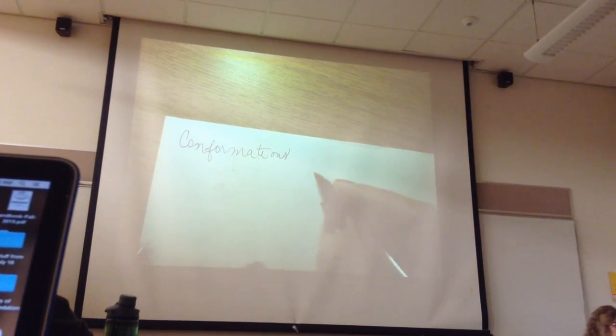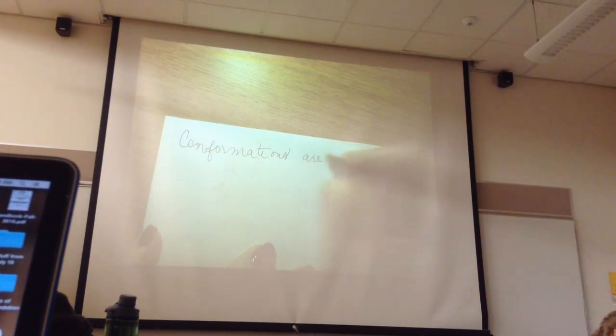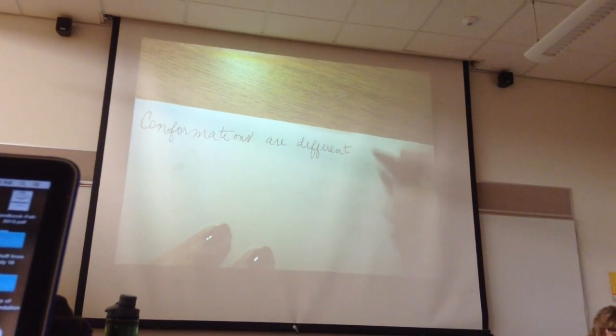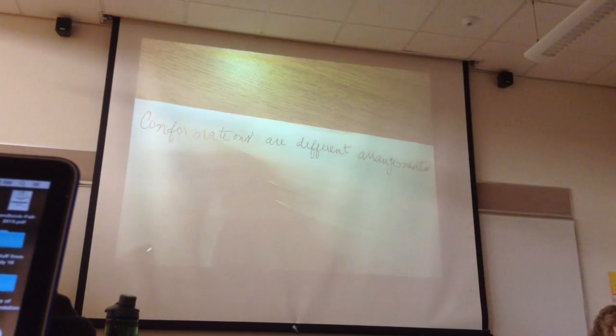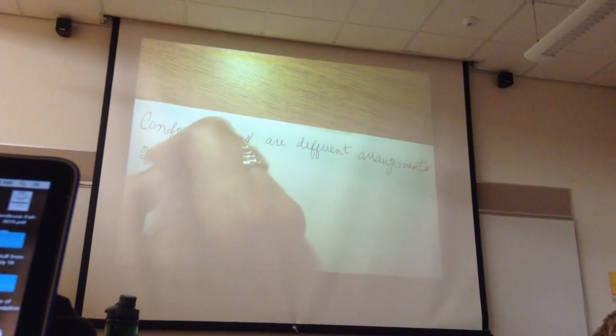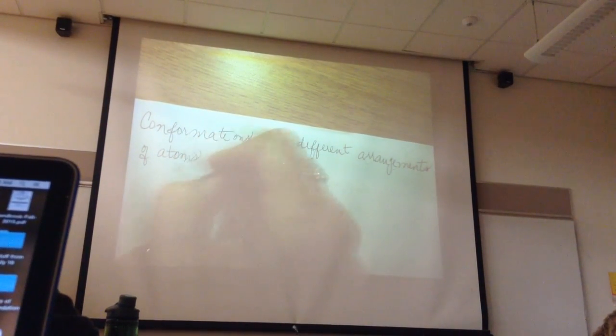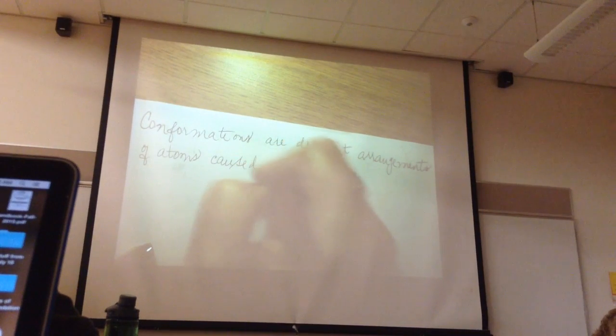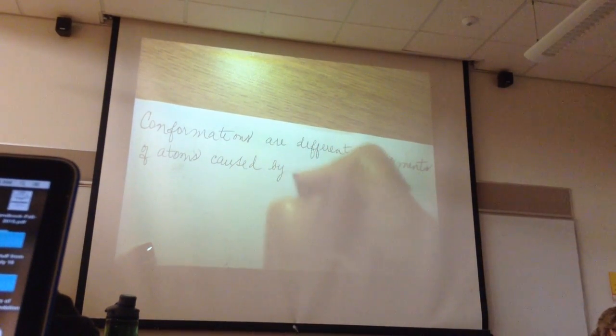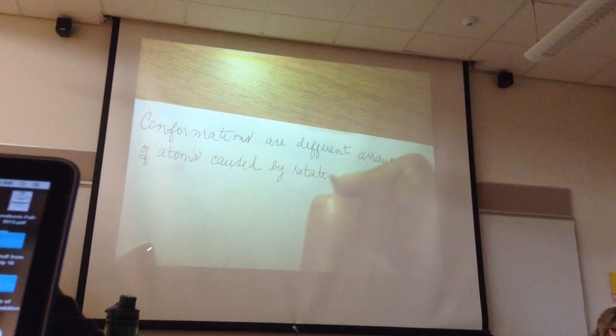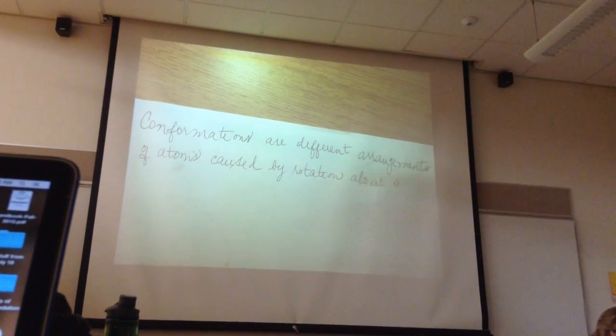Okay, so conformations are different arrangements of atoms caused by rotation about a single bond.